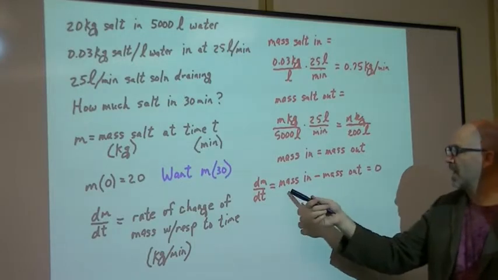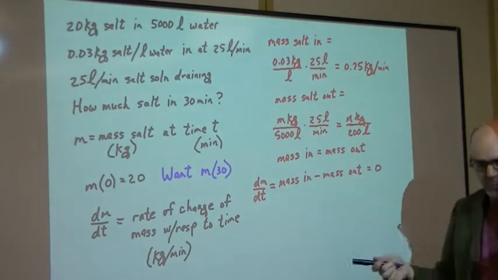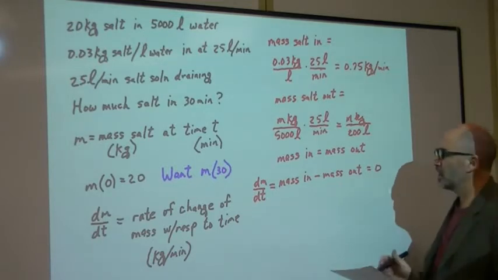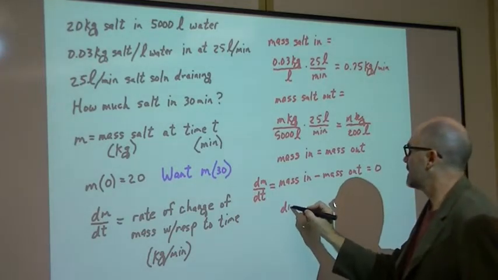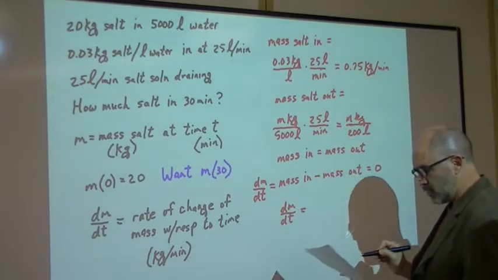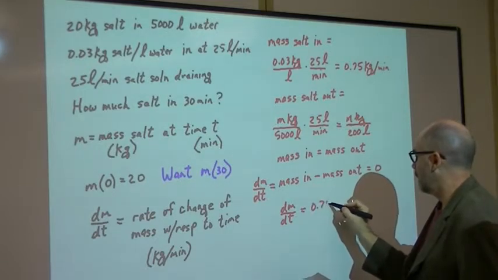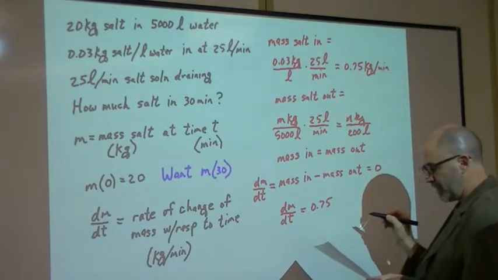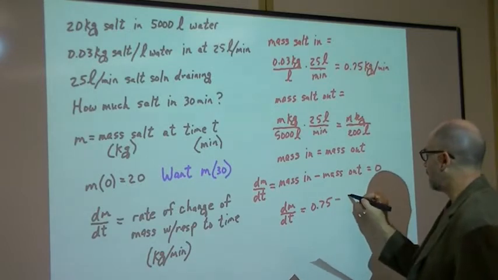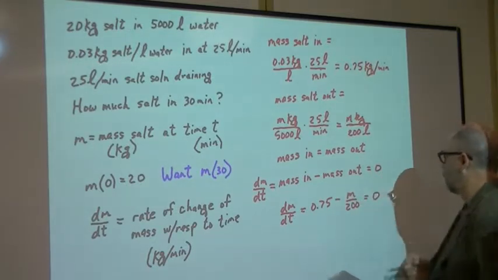And that's going to be the mass in minus the mass out is going to be the change in mass with respect to time. Okay, so that means we have dm dt equals 0.75 minus m over 200, which equals 0.